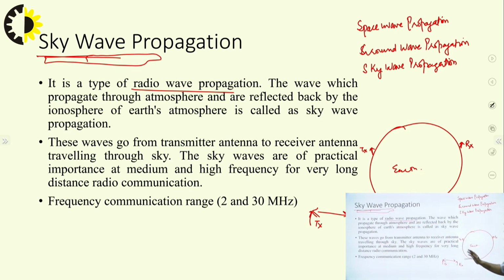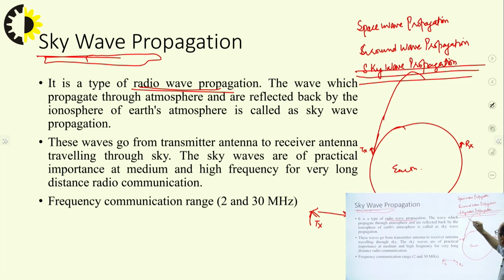So this is another type of radio wave propagation, in which the signal is transmitted from the transmitter end and goes to the ionosphere.